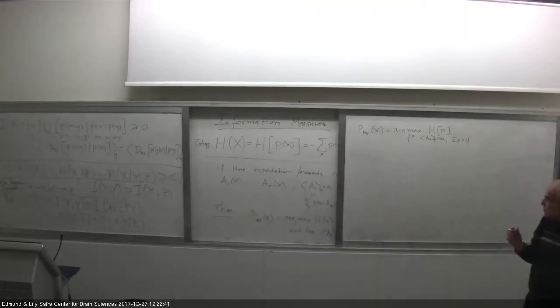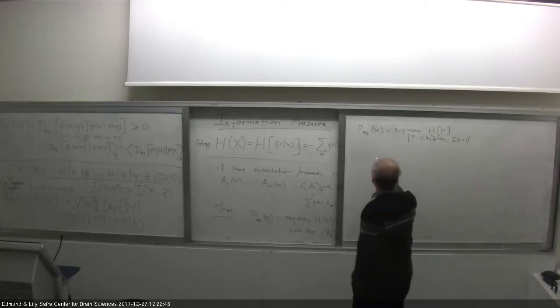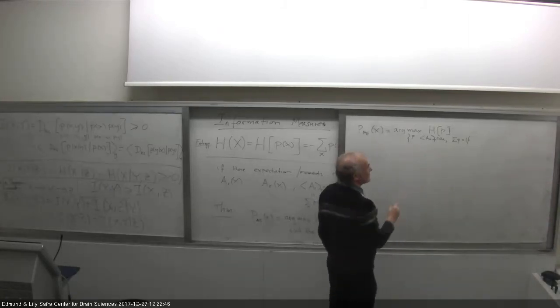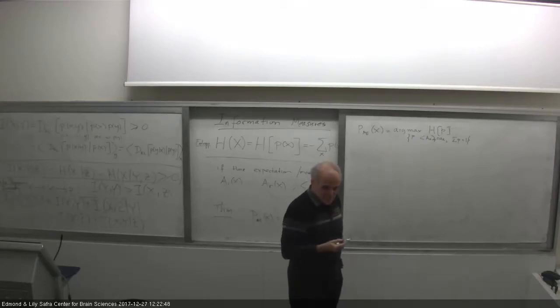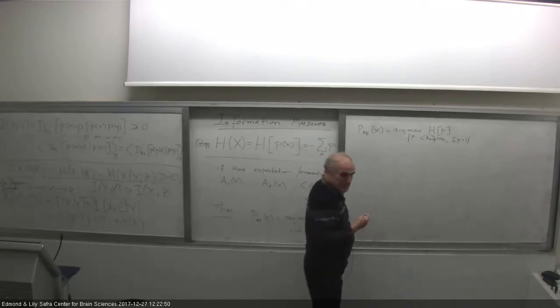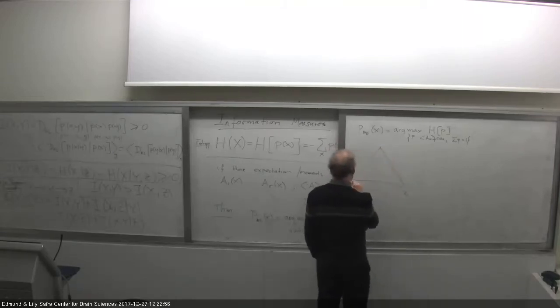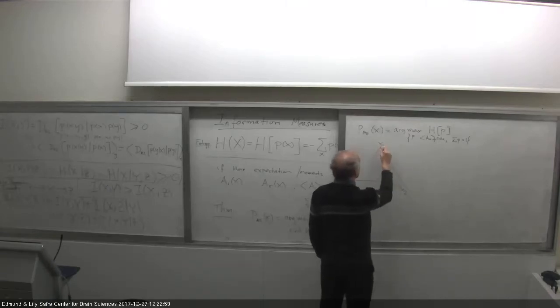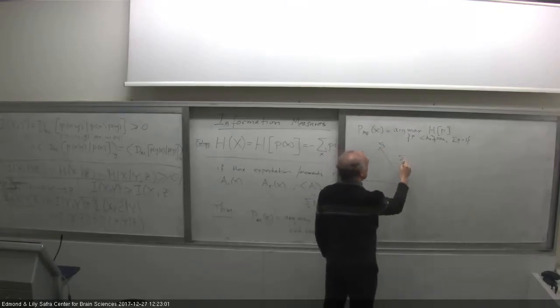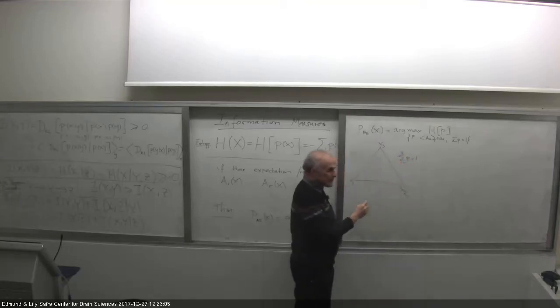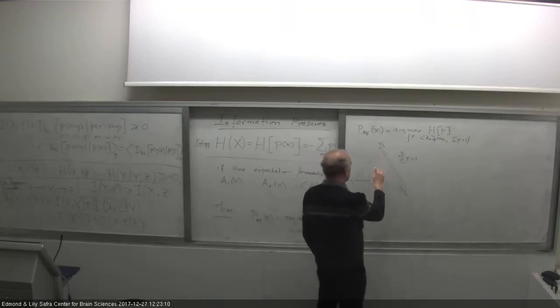Now, let me give you an intuition before. P are points in a simplex. What is a simplex? For example, if I have 3 possible outcomes, x1, x2, and x3, then all the points that sum to 1 are points in this triangle. This is the point 1, 0, 0.